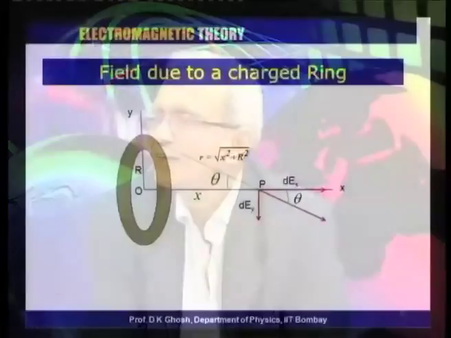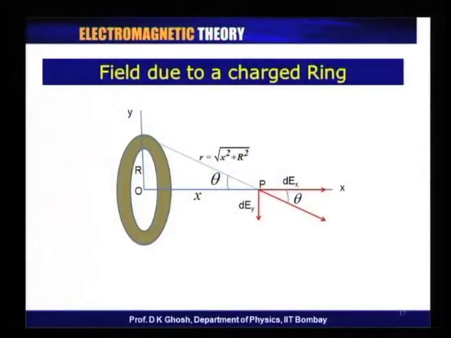As a second example, let us look at the field on the axis of a charged ring. This is the ring of radius r. I am looking at the field along the axis, which I have taken as the x axis.